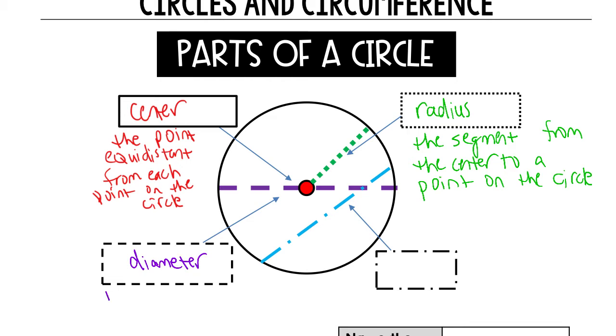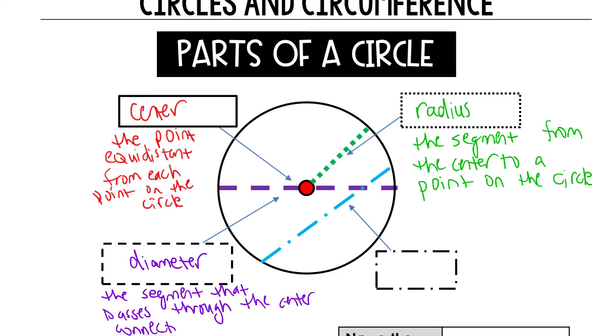The diameter is the segment that passes through the center, connecting 2 points on the circle. So it goes through the center and connects that point with that one on the other side.